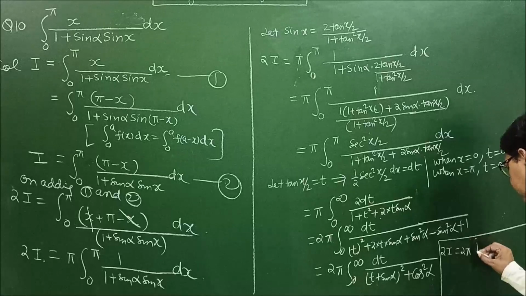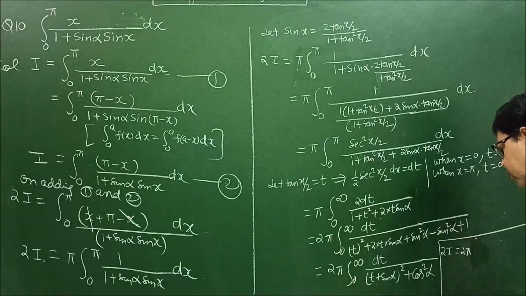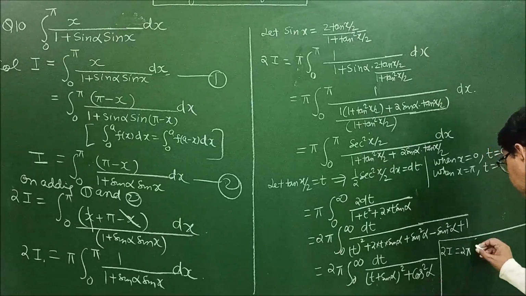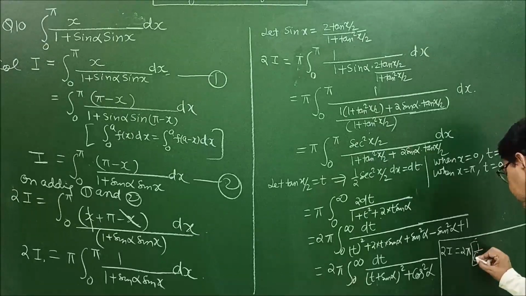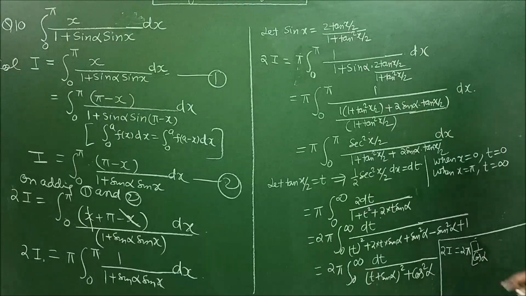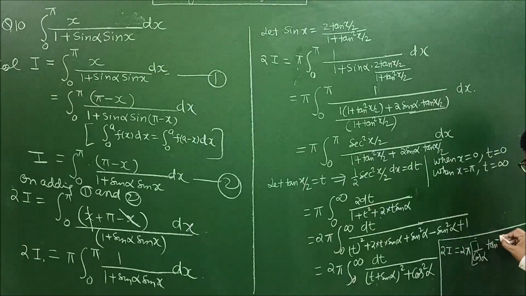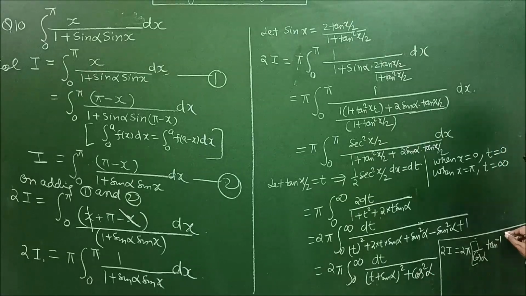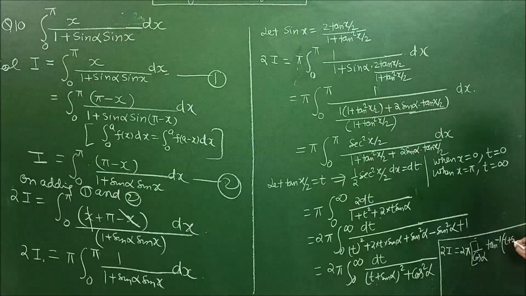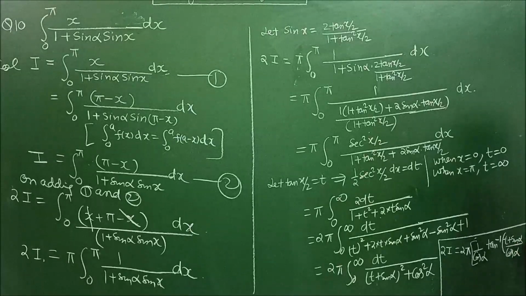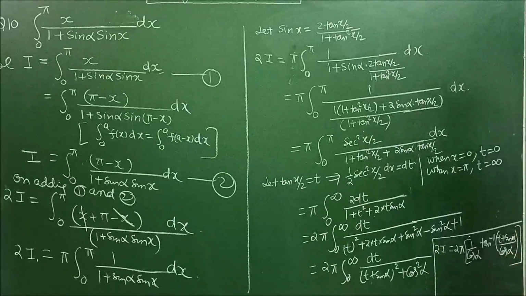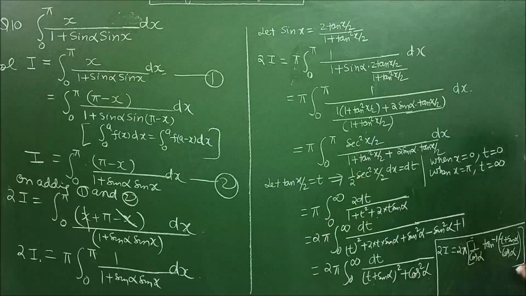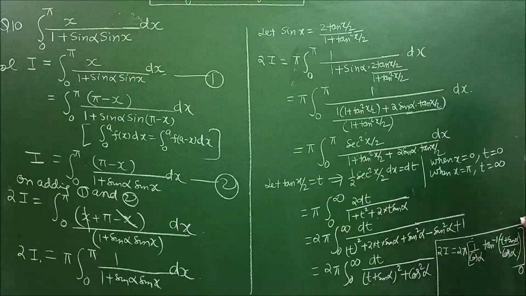So the formula is 1 upon a, that is 1 upon cos alpha, and then tan inverse of t plus sin alpha upon cos alpha, applying the limits from 0 to infinity.